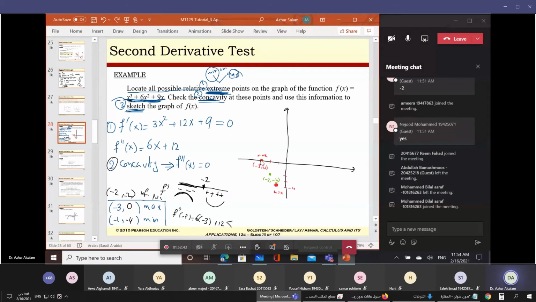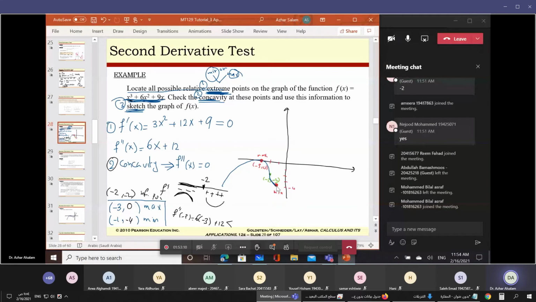Okay, concave down. And here also concave down, but decreasing, sorry. Until the inflection point, it will still be decreasing, but the concavity will change. Here will change the concavity to up. So here until -2 and -2, I will change the concavity to concave up.